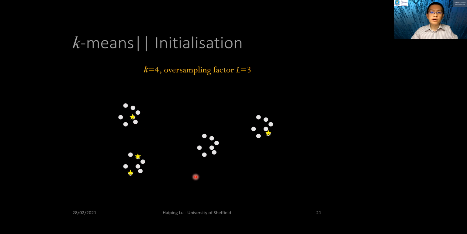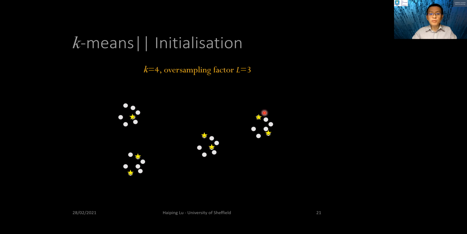So it is most likely to be over here, but here also has a little bit higher probability. This is random, so next time you run it, it may be different, maybe over here. So this is another 3 points.